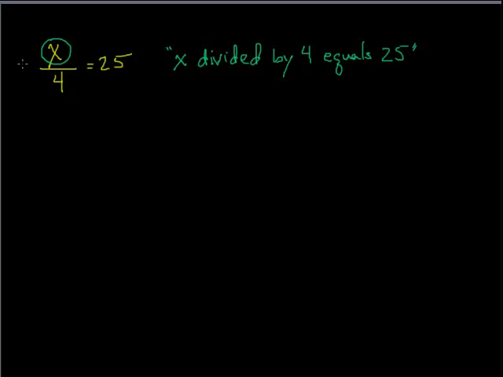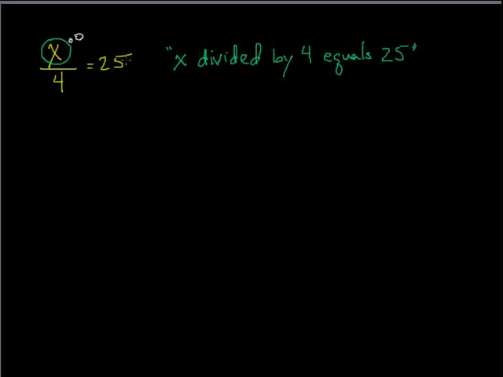Some of my students like to think about this, if they can, before going through the algebra. So let's put a little thought cloud. They might think, well, what number divided by 4 is 25? It's got to be bigger than 25. It also has to be a multiple of 25.